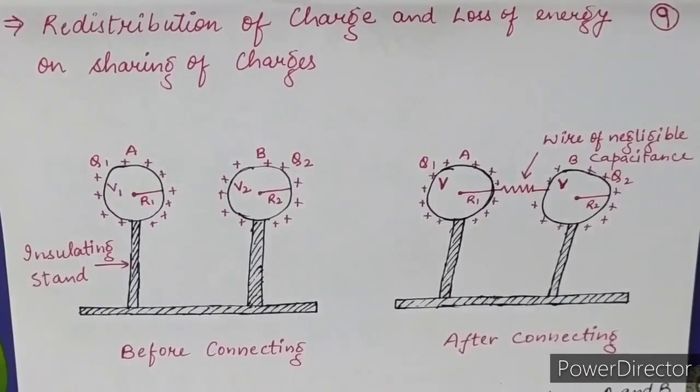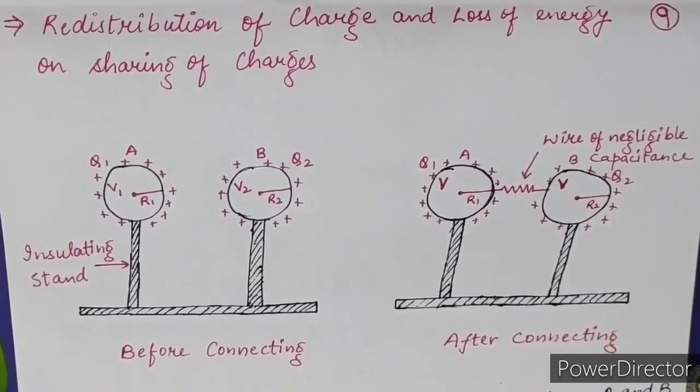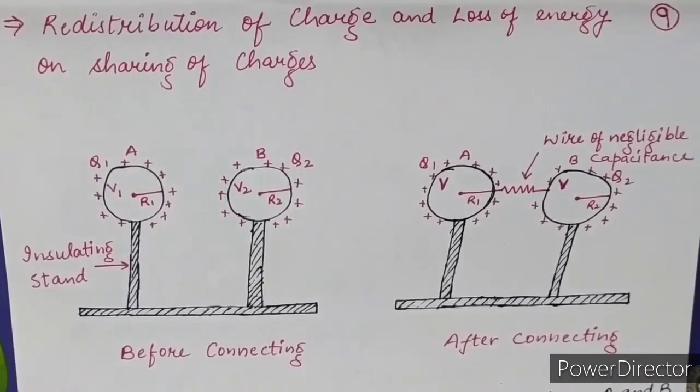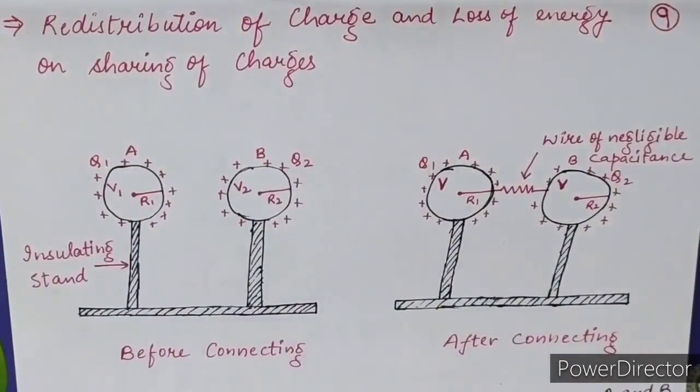When we connect both spherical conductors with a conducting wire of negligible capacitance, then as we know, the charge moves from high potential to low potential until both spherical conductors acquire the equal potential. Till then they are sharing the charges and the potential. For that only we are calculating the redistribution of charge.